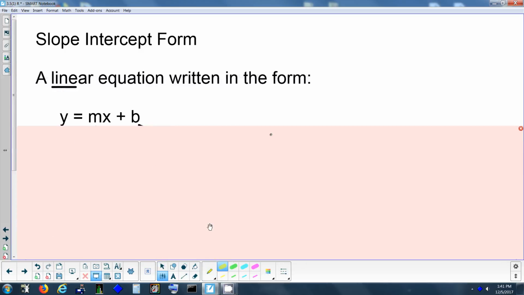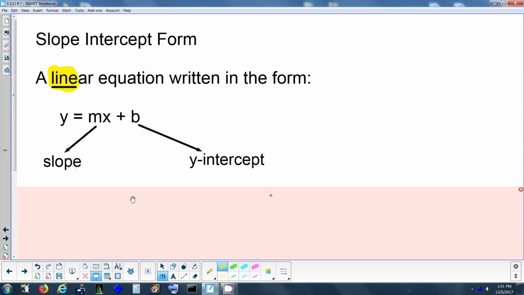Now, you need to make sure that when you write this formula, there are some arrows coming out, because certain letters in that formula mean certain things. Go ahead, Mallory. M will stay slope, and b will equal y-intercept. Exactly, perfect.